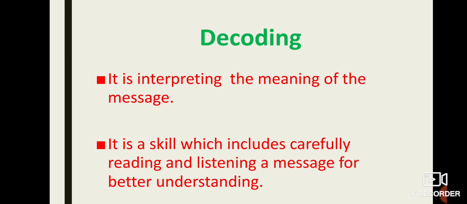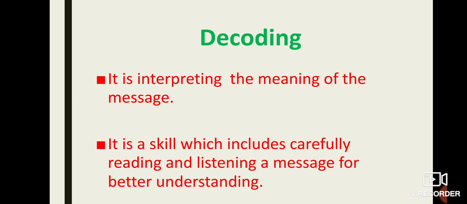In decoding, the decoder interprets the message according to his own mentality and experience. Decoding means interpreting the meaning of the message. So this is the process of decoding in the communication process.